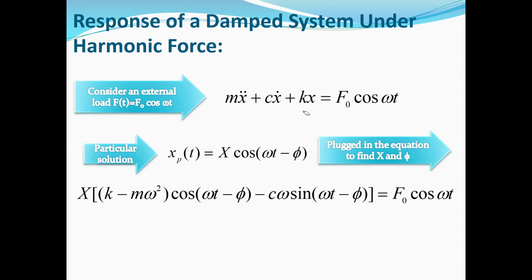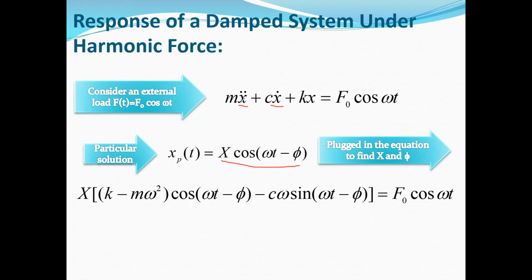Here, we have two unknowns, uppercase X, which is the amplitude, and phi, which is the phase angle. The main equation is m x double dot plus c x dot, plus k x. We need to obtain x double dot and x dot, and we have x, which is X cosine omega t minus phi, and then we can simplify.